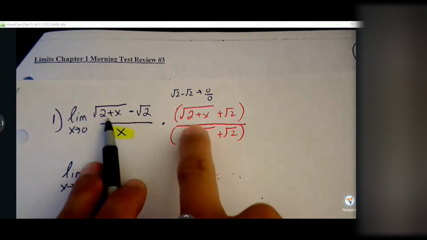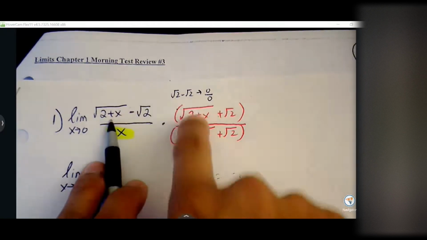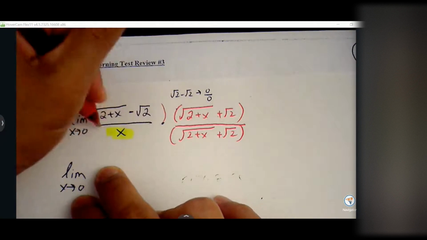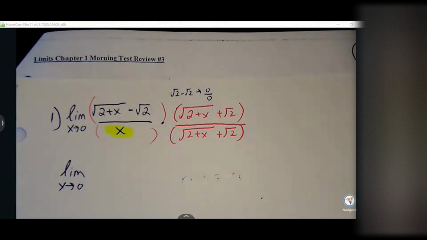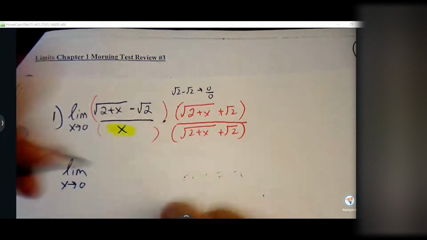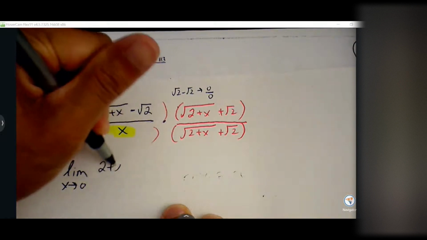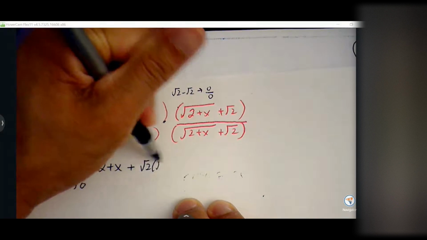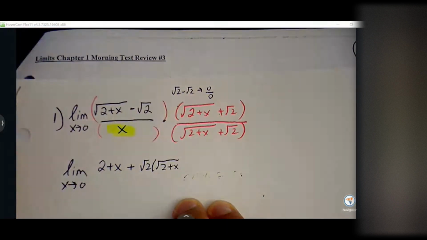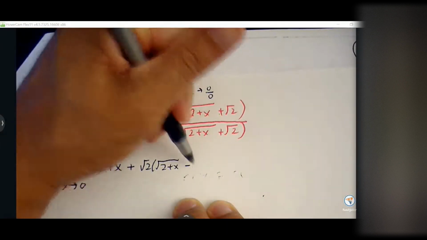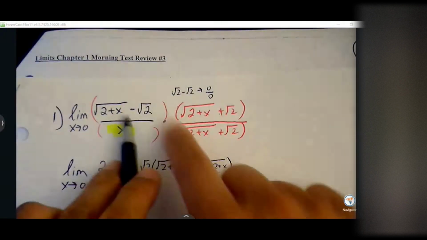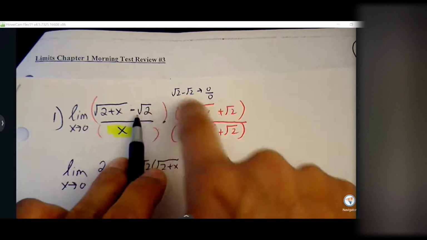Okay, so we fold this out, so distribute through. Distribute through, distribute through.